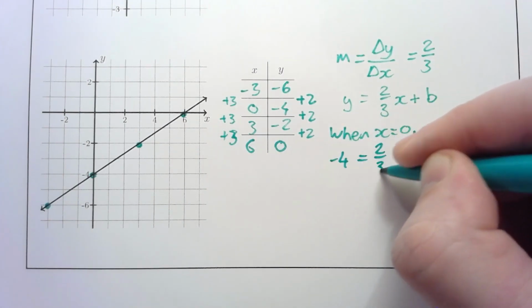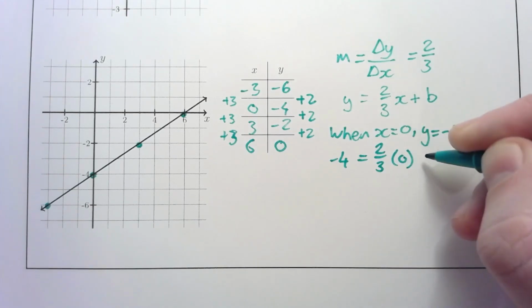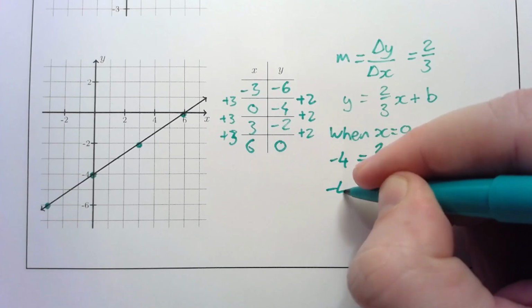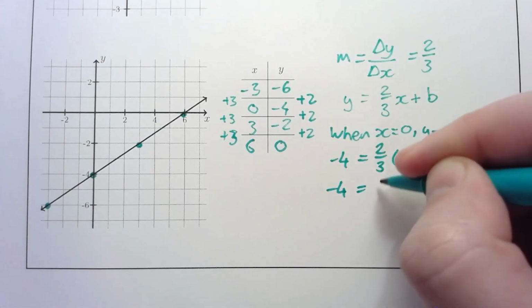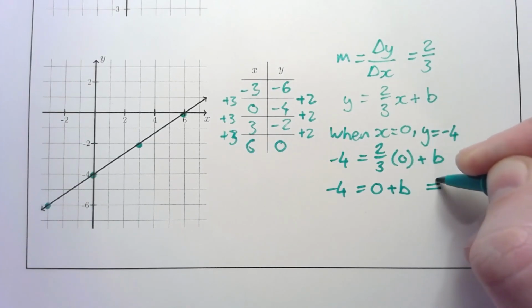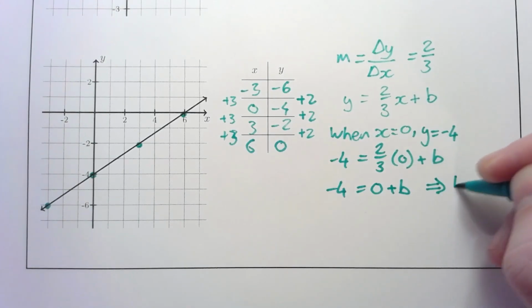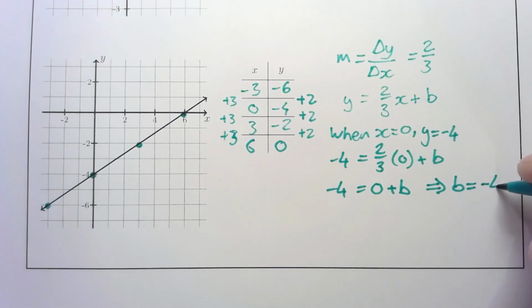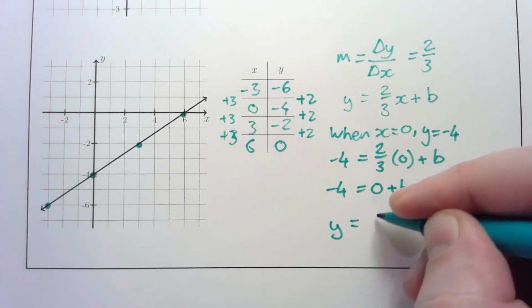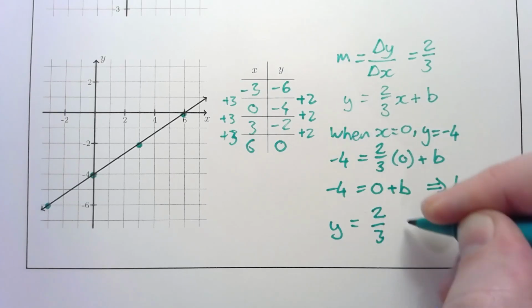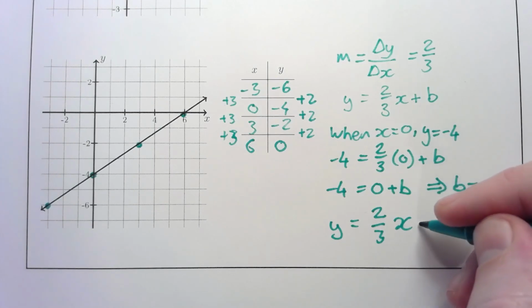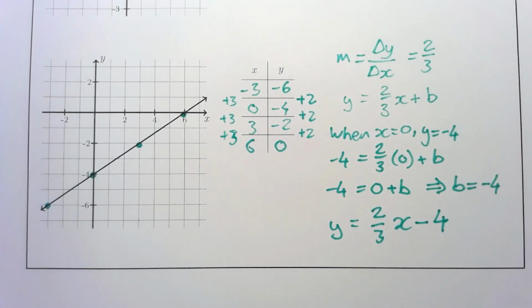We've got 2/3 of x, which is 0. And then we have b. -4 doesn't need evaluating, but 2/3 of 0 can be evaluated to 0. This is 0 plus b, which only makes sense if b is equal to -4. So our rule is y equals 2/3 of x. Now we could write plus -4, but it's more concise to write take 4.